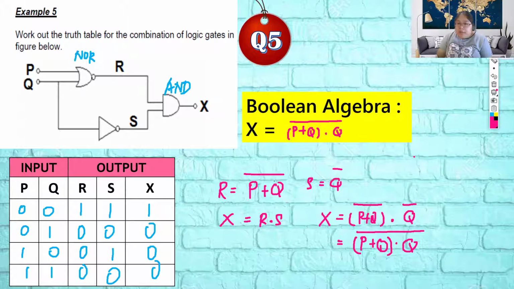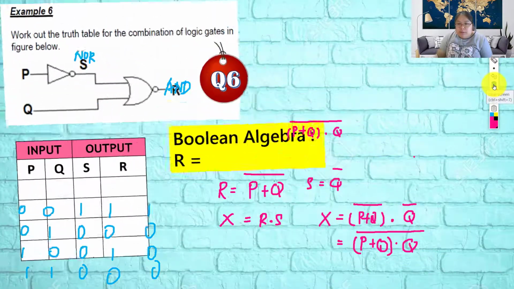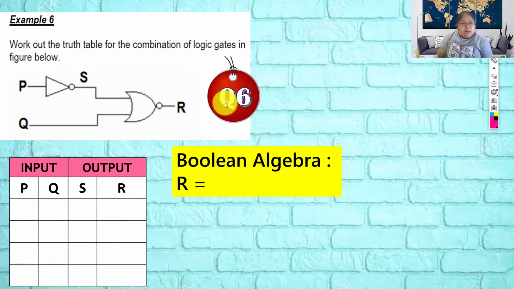Okay, simple, is it? So we continue to example 6. Example 6 is also the same. The question also asks about Boolean and also never provides the input, so we write the input ourselves. I think there's no problem after you do some of the exercises.